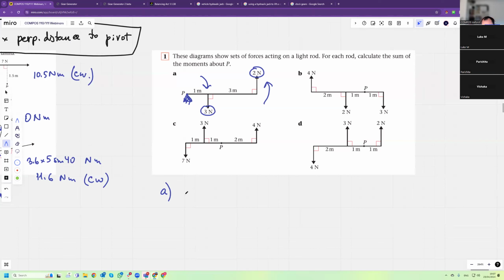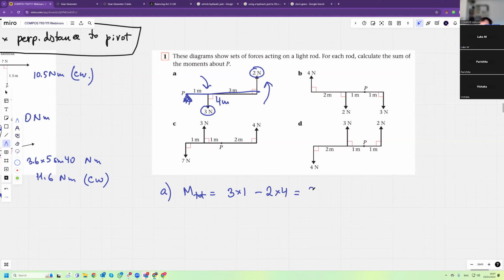So in A, the total moment is equal to 3 times 1, the force times distance, minus 2 times 4, because the distance is 4 meters, and you're applying a force of 2.